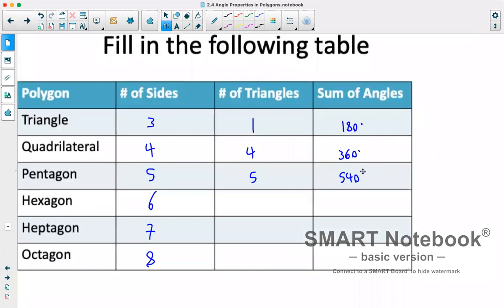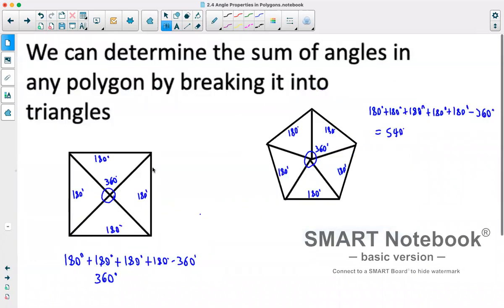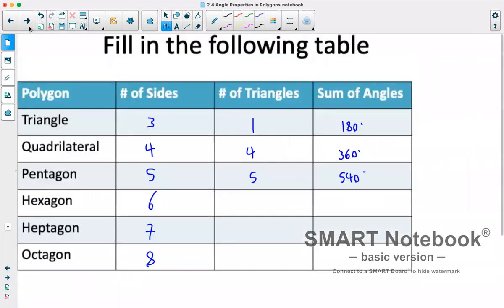Now, if we were to expand these the same way, what you'll find is that the number of triangles we can break it into is the exact same value as our number of sides, because every single triangle had a base that was one of the sides of our original polygon. So this will have 6 sides, 7 sides, 8 sides.